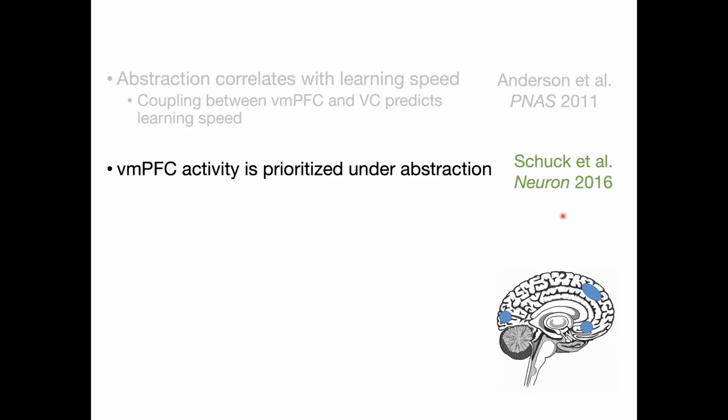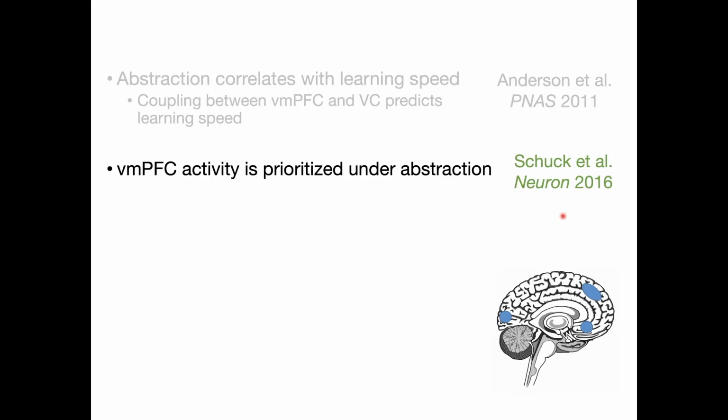This might be related to the work by Nico Schuck and colleagues on the VMPFC and the overall orbitofrontal cortex representing hidden task states, because those abstractions in a way are hidden. All the information for the abstraction is there in the visual information itself, but one has to disentangle what is relevant and irrelevant.